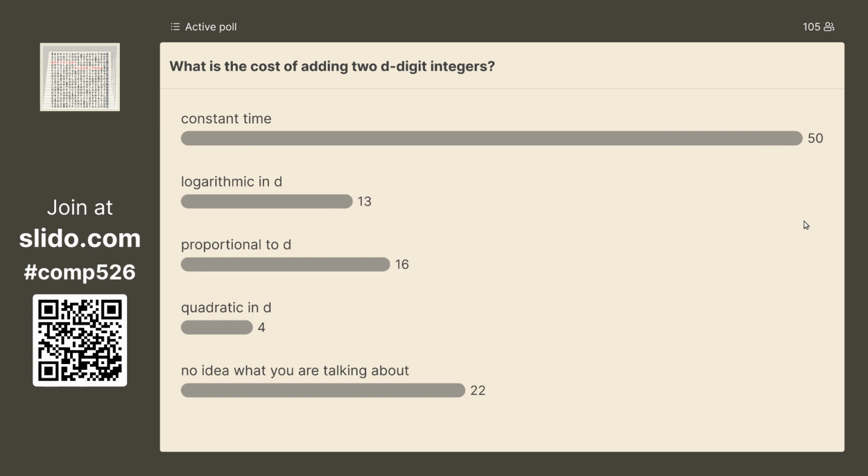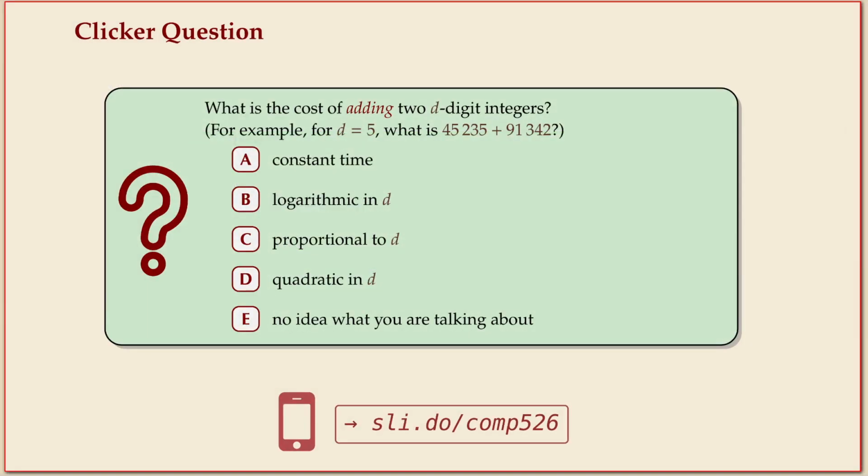And let me briefly discuss this a bit. There are really different answers that all make sense, depending on some assumptions that you make. So it could be that it takes constant time to add two numbers.